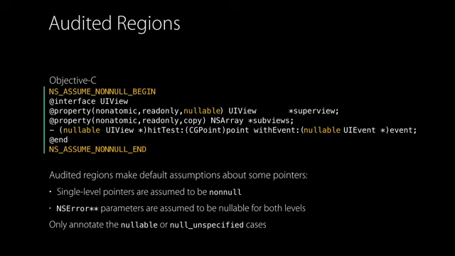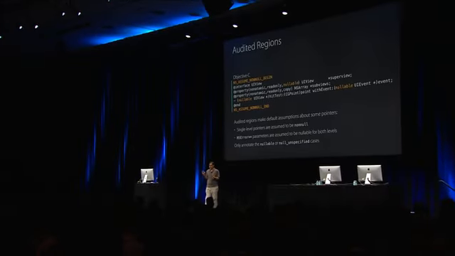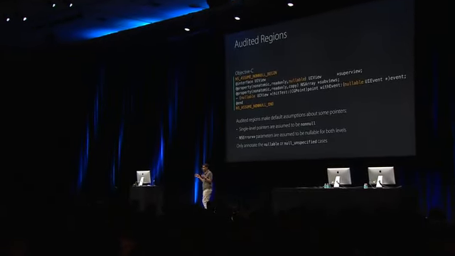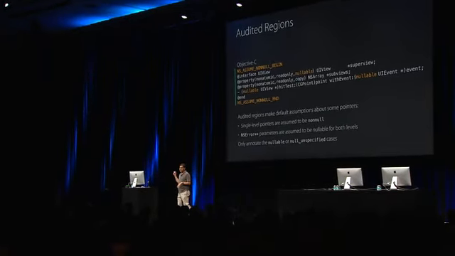Now, this is where null unspecified comes up. Say you're auditing a header. You run into some really weird implementation that's been around forever. You have no idea what it does with nil. It hasn't been documented. Maybe it's doing something really, really interesting with messaging nil that may or may not work, and the only guy that can answer it retired 5 years ago.